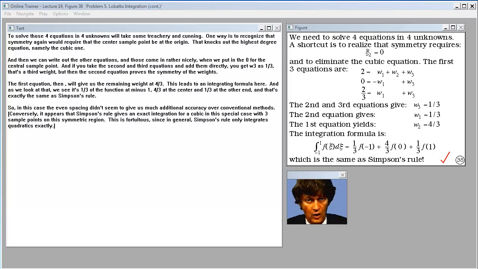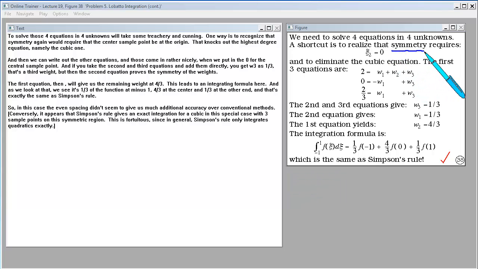To solve those 4 equations and 4 unknowns, we'll take some treachery and cunning. One way is to recognize that symmetry again would require that the center sample point be at the origin. That knocks out the highest degree equation, namely the cubic one, and then we can write out the other equations, and those come in rather nicely when we put in the 0 for the central sample point.